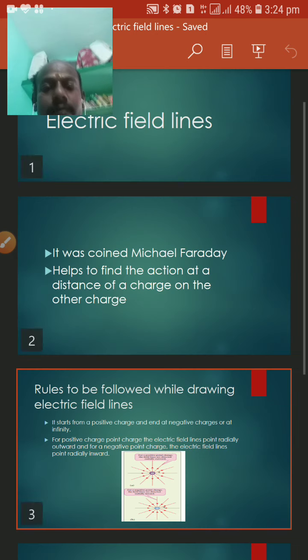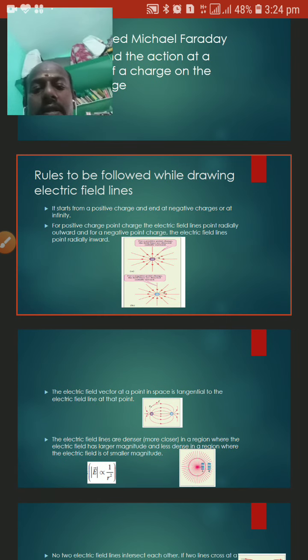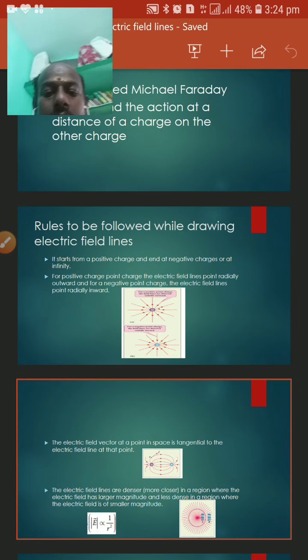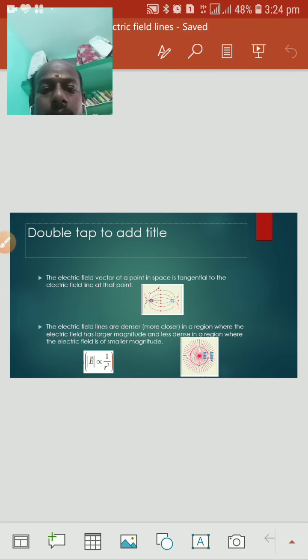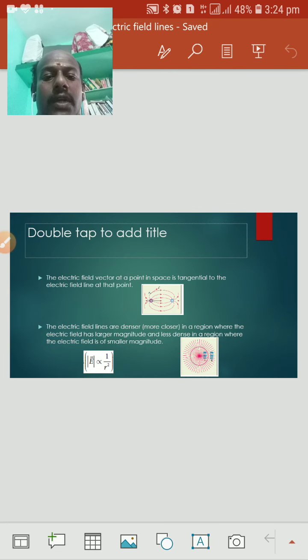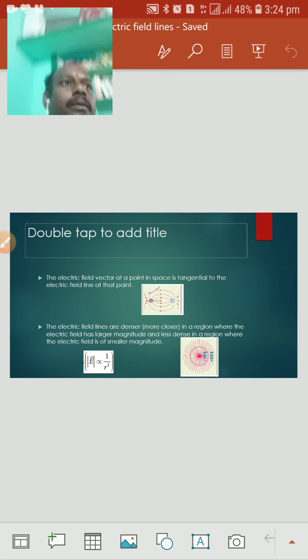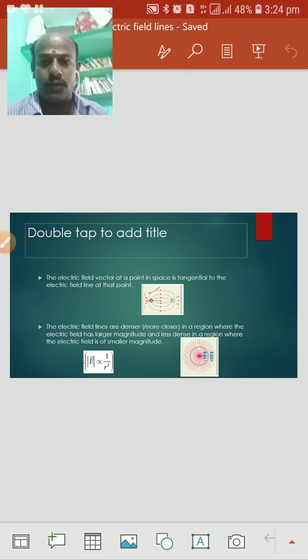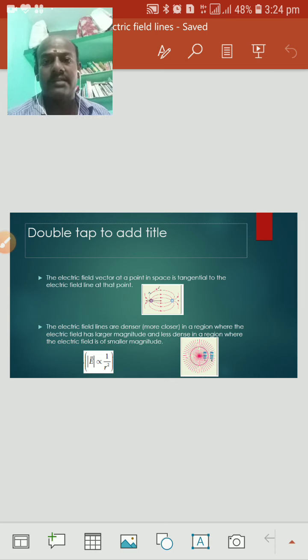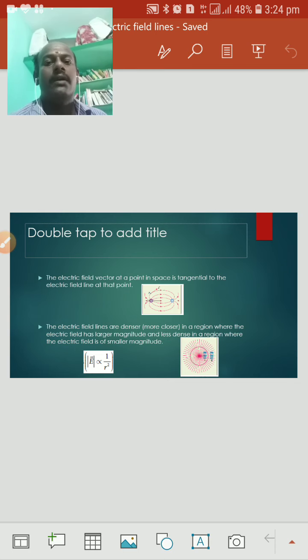That's what I said. Now, the third one is that the electric field vector at a point in space is tangential to the electric field line at that point. We know that the electric field is a vector quantity. It has a direction and also a magnitude.